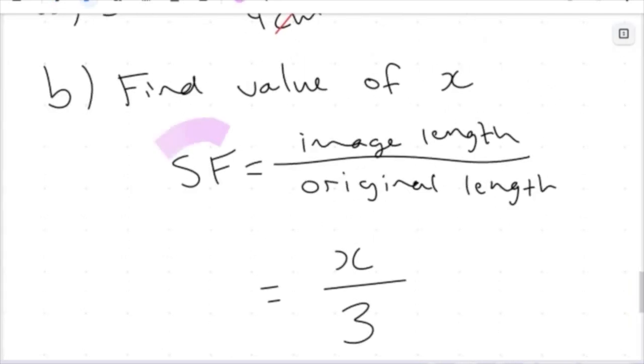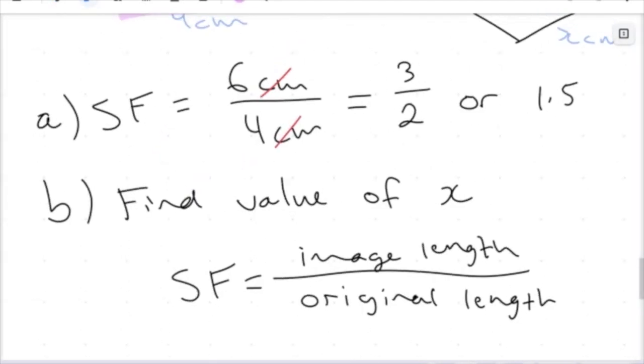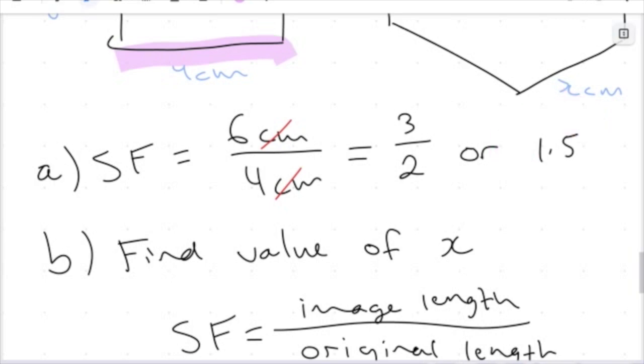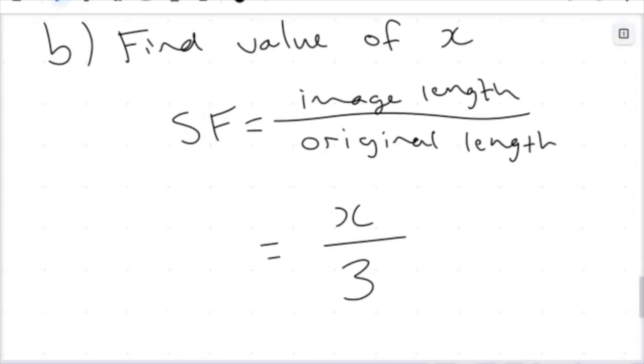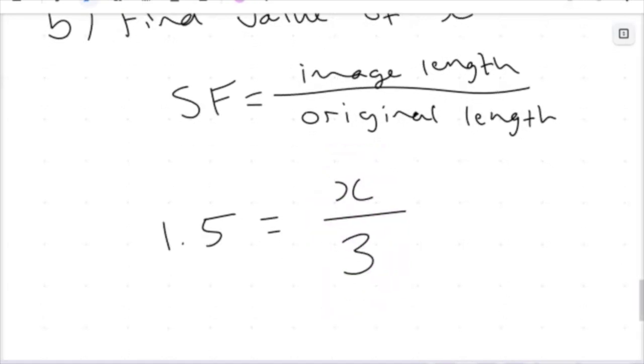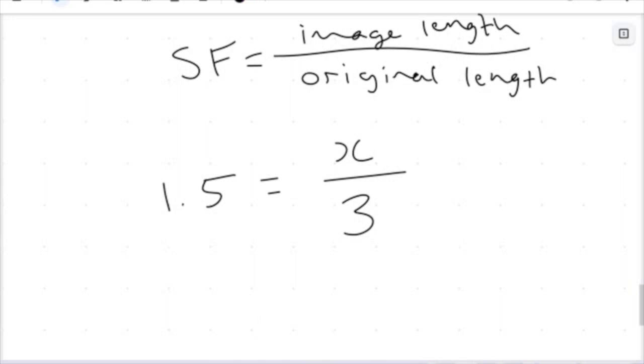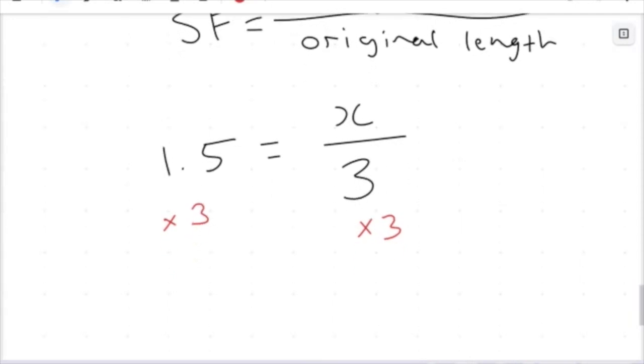And I know my scale factor. I found this in the last question. That is 1.5. So I have 1.5 here. So my scale factor equals my image length over my original length. And I can solve this equation pretty easily because we've done this a lot in the past for equations in both year 8 and year 9. We can multiply both sides by 3. That's going to cancel my division here. It's going to undo the division, I should say.